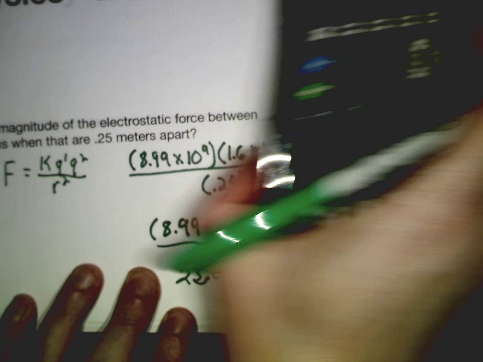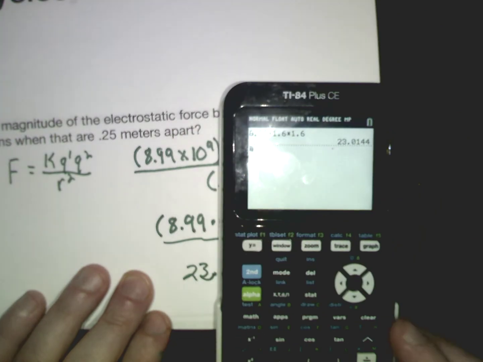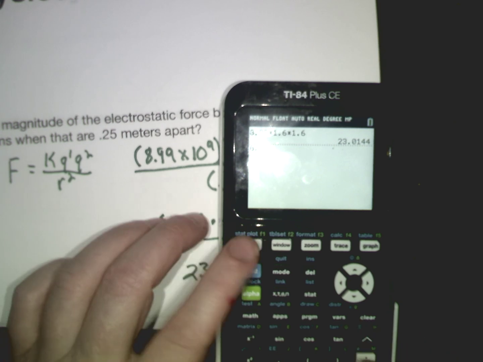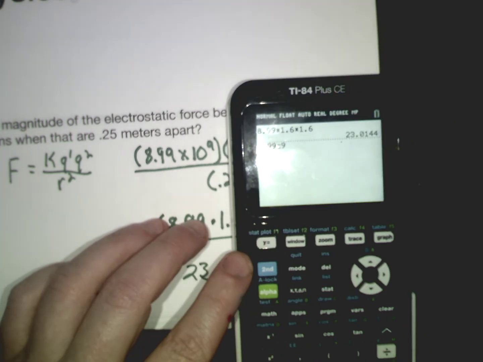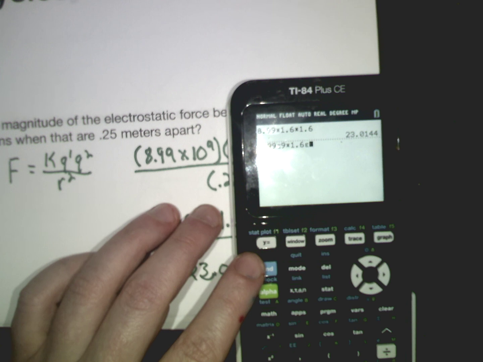If you have the graphing calculator, remember, you can just do it this way. You can put the whole messy number here. I'm taking a lot of time. Second E 9 times 1.6 second E negative 19 times 1.6.